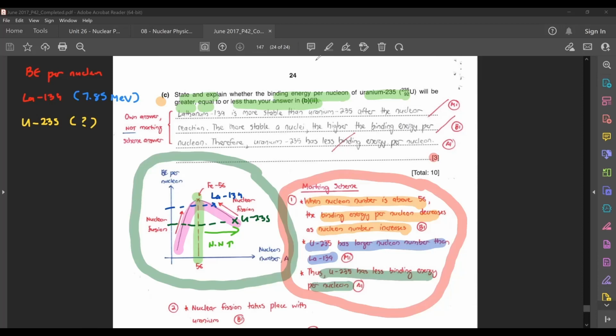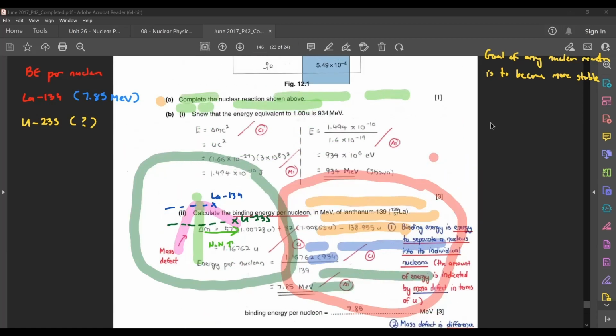Remember just now I told you that the goal of any nuclear reaction is to become more stable. The goal of any nuclear reaction is always to become more stable.